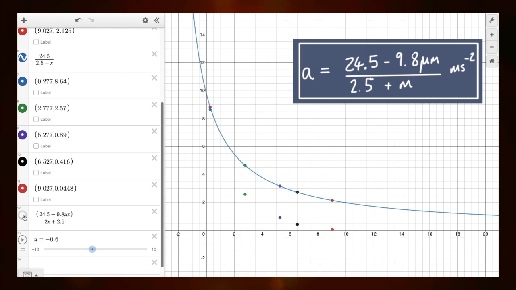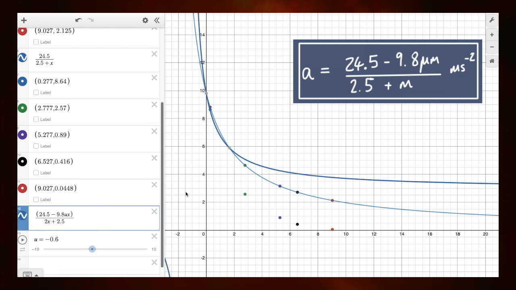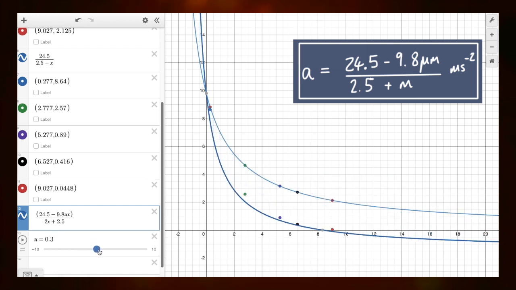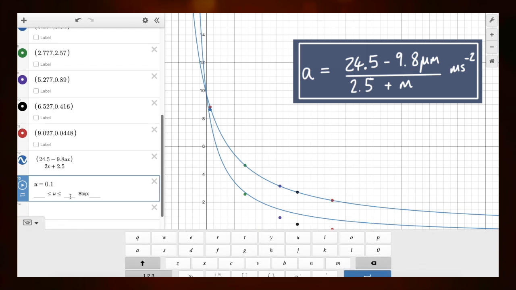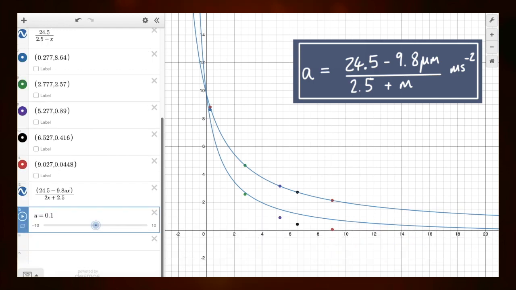Now, what we're going to do is, using this rearranged equation for acceleration, adjust this value and see if I can get it to fit our data. So this value of u, if I drag it down, it's not going to be perfect, but somewhere in here. Okay, so I'm going to change the increments that I go up in just to see if I can get it really accurate.